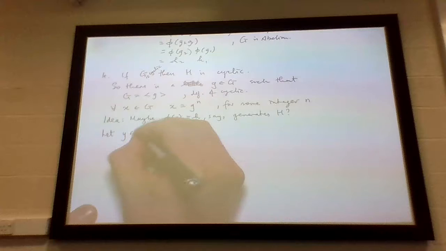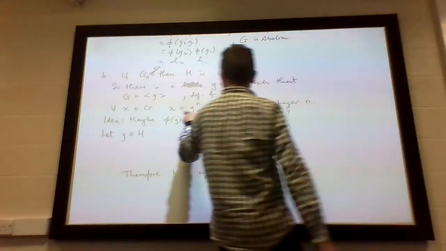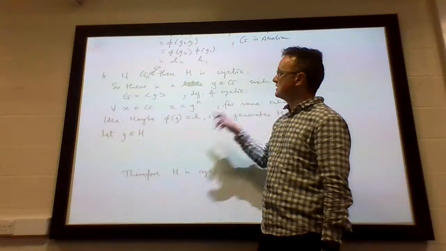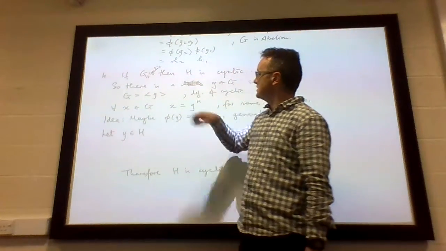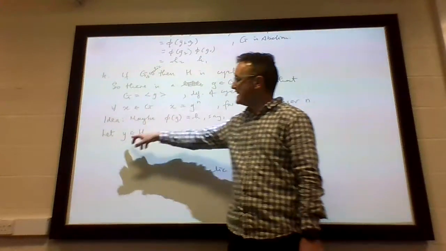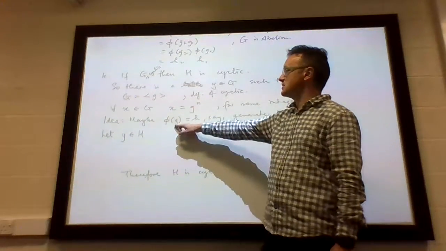Let y be any old element from H. This condition here was what Laura said. This is really what it means to be cyclic. Any element of G is some power of this special generator element. Well, here's any element from H. Can we show that it's some power of this special element, phi of g?